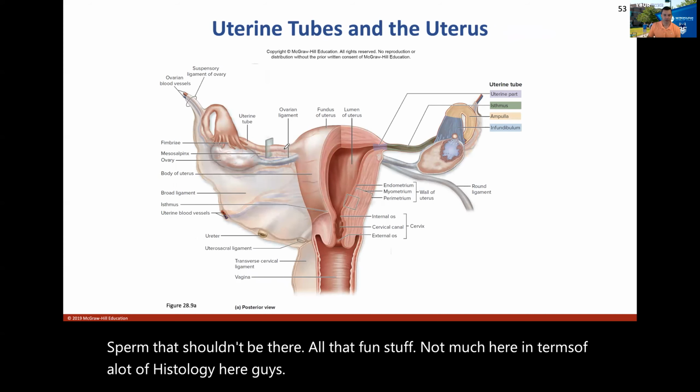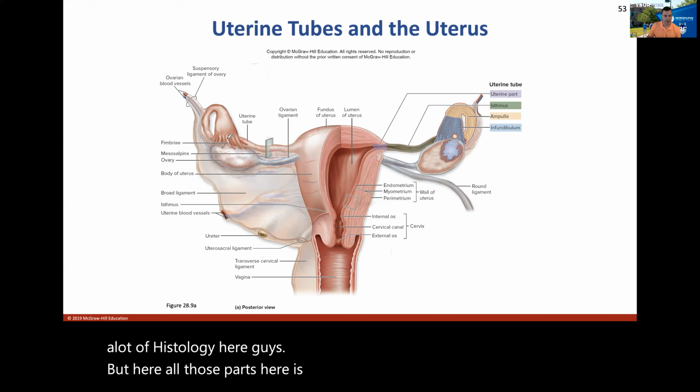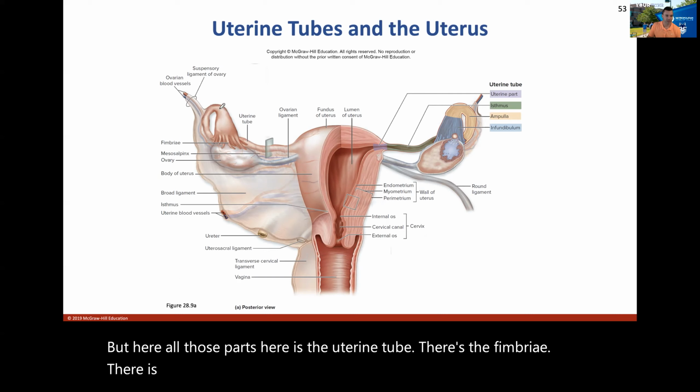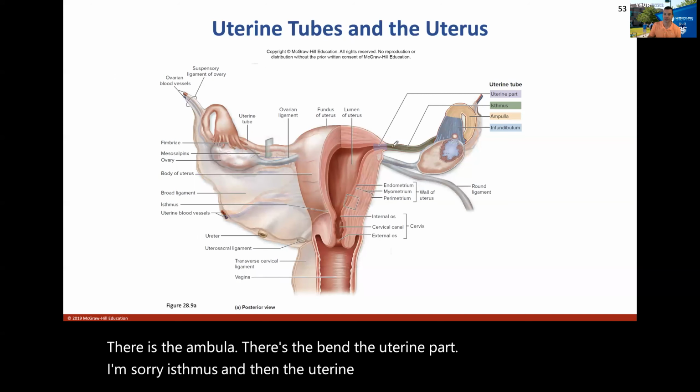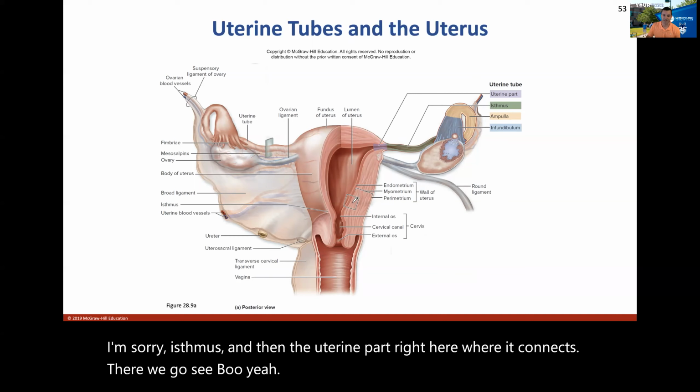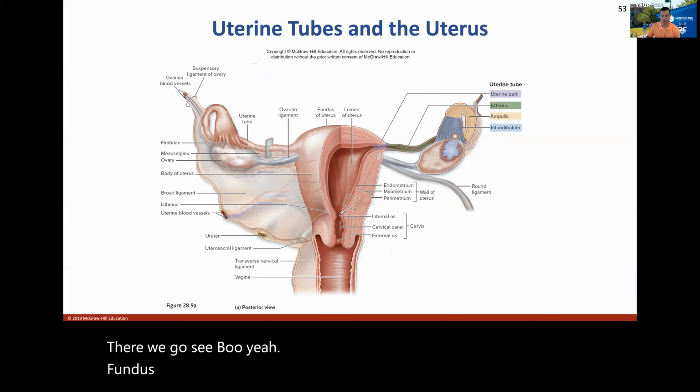But here are all those parts. Here is the uterine tube. There's the fimbriae. There's the ampulla. There's the bend, the isthmus, and then the uterine part right here where it connects. There you go. The fundus, the body, and then here's where it starts to constrict down.